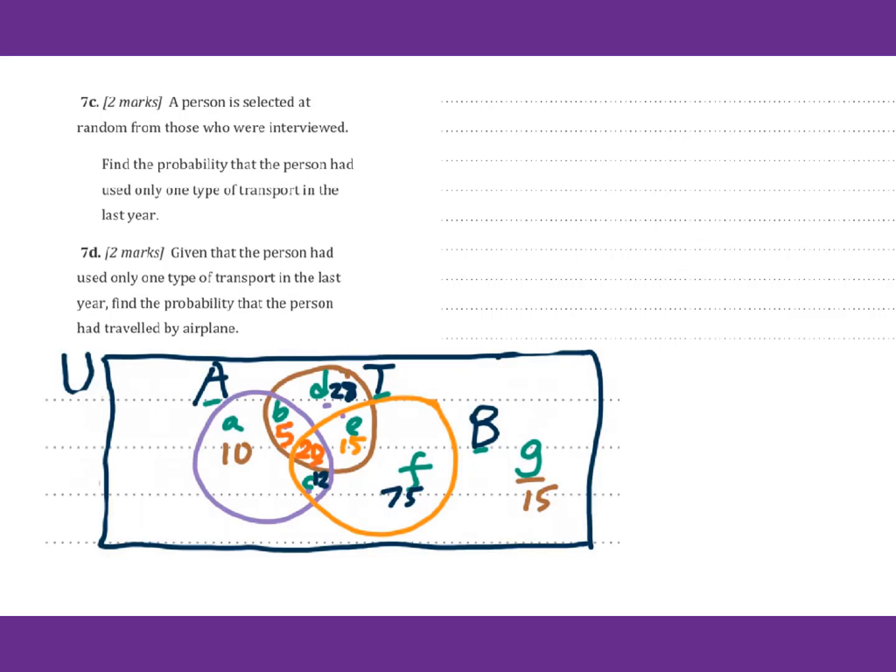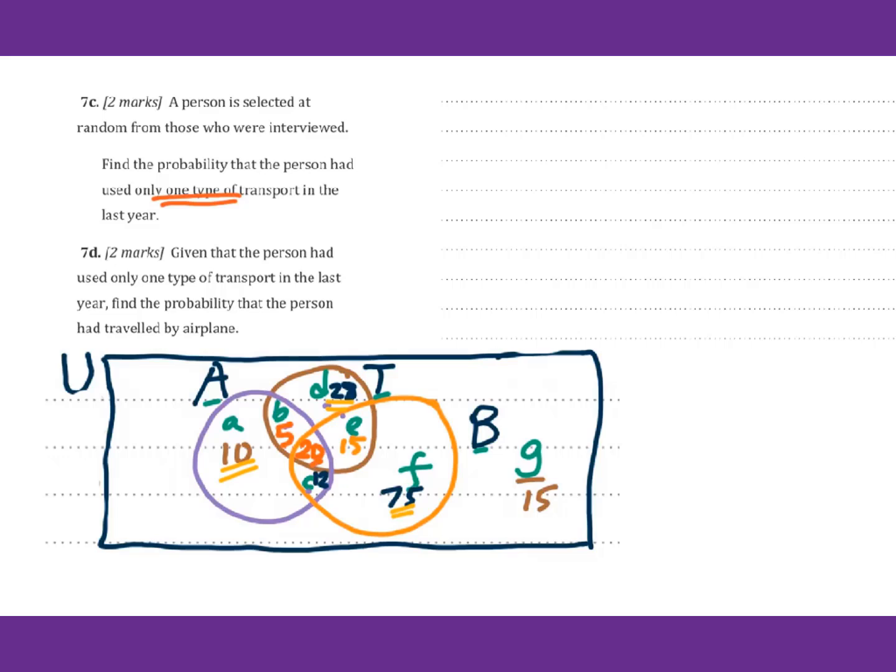Let's go to 7C. A person is selected at random from those who were interviewed. Find the probability that the person had used only one type of transportation. Only one type of transportation means these numbers, 10, 75, and 28.